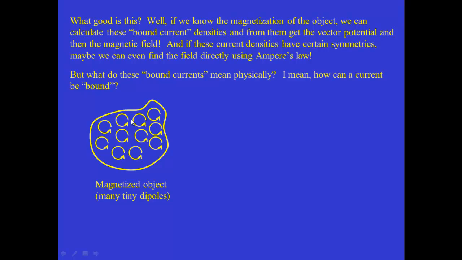So if the magnetization might be changing within the volume of the object, these two adjacent current loops will tend to cancel each other out. They will produce a net current that's the sum of these two, and the tendency is for them to cancel out. So internal to the object there will be some sort of current that is simply the superposition of all of these current loops.